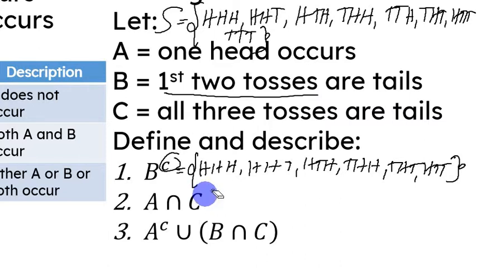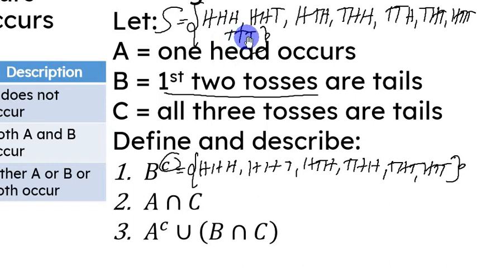So, we are asked to find A intersection C. A, one head occurs, and C, all 3 tosses are tails. Now, if you think about it, how can we have an event wherein one head occurs and there's a common event with all 3 tosses are tails? Event C, all 3 tosses are tails, is just this outcome. So we cannot have one head here.